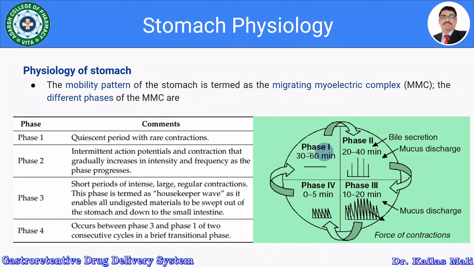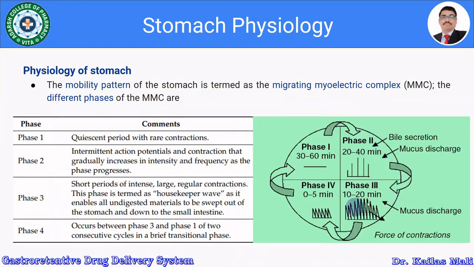Phase 2 has intermittent action potentials and contractions that gradually increase in intensity and frequency as the phase progresses, which lasts for 20 to 40 minutes.